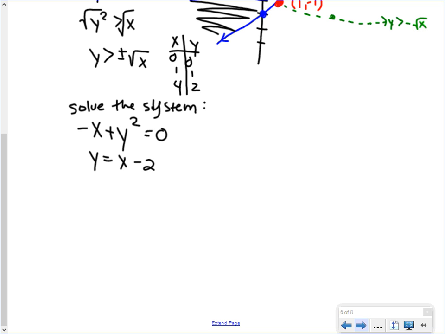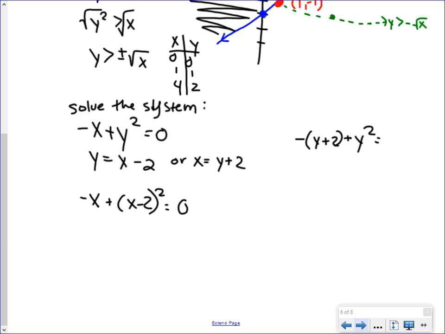Substitution. How do you want to substitute? Plug in x minus 2 for y. Okay. Or what? So that would be y plus 2. And then plug that in. So negative y plus 2 plus y squared equals 0.